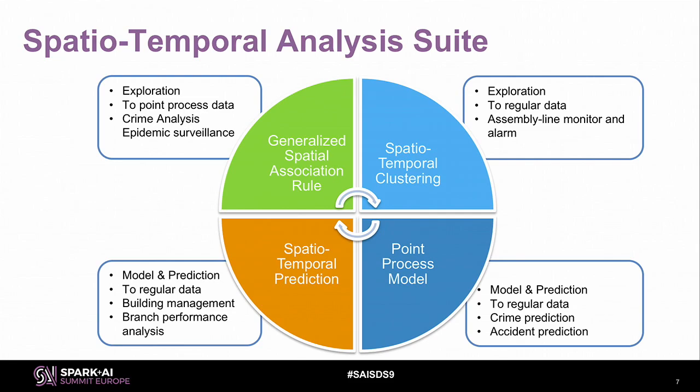The two methods up here are mainly focused on exploration, and the two methods below are focused on modeling. The spatial temporal prediction method can handle data at a set of fixed locations in 2D or 3D space.